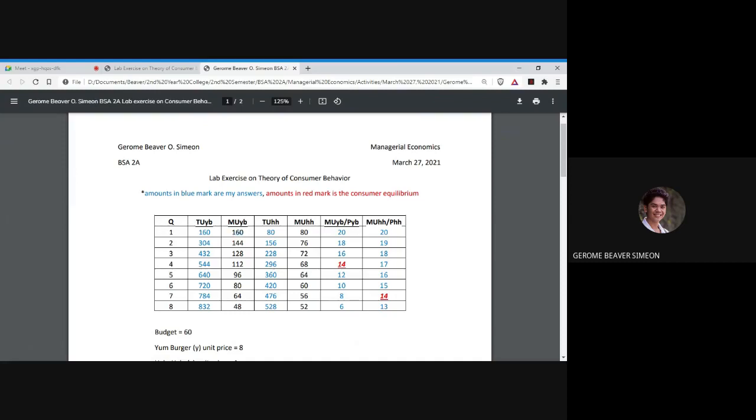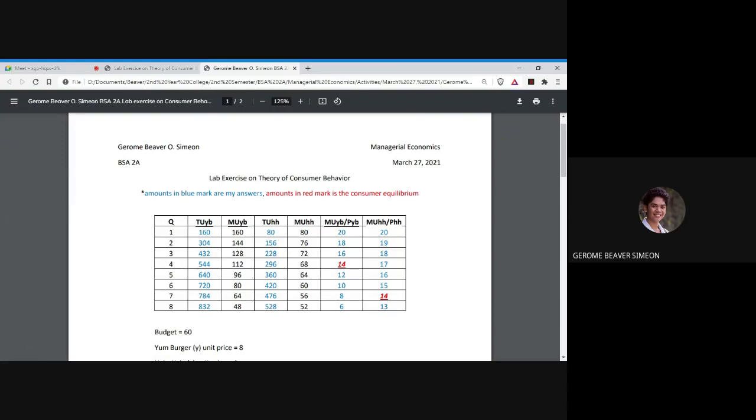And then from there we add up the total utility, from the first quantity to the new marginal utility on the second quantity. So 160 plus 144 is 304. This is the cumulative utility with respect to the quantity. We add all of this up, and at the eighth quantity we have 832.